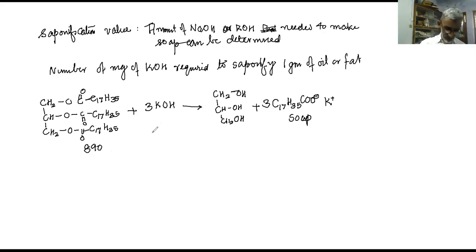Then 890 grams will require 3 into the molar mass of potassium hydroxide, which is 56. 3 into 56 equals 168 grams of potassium hydroxide.